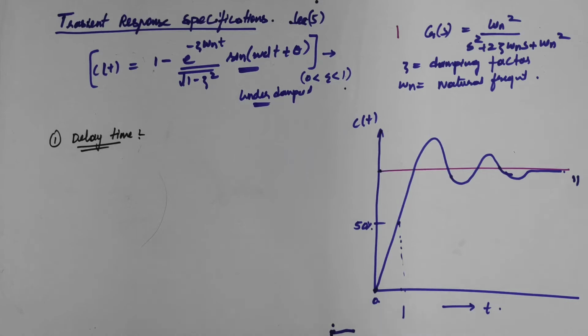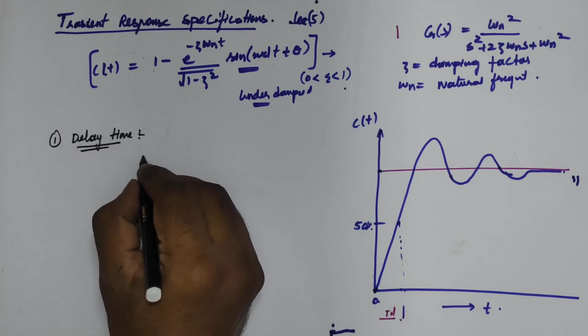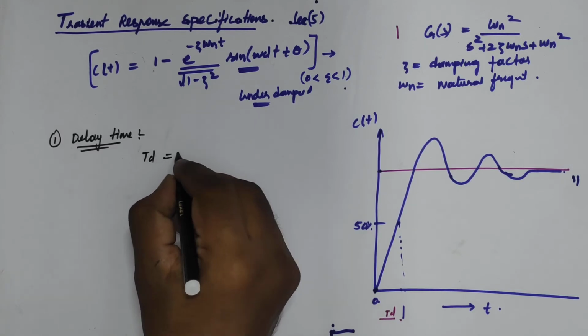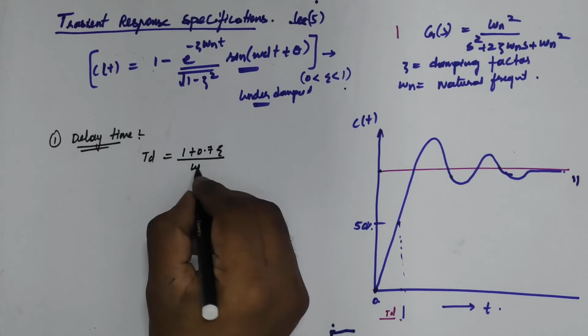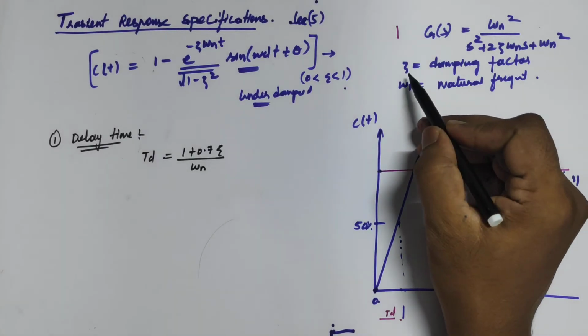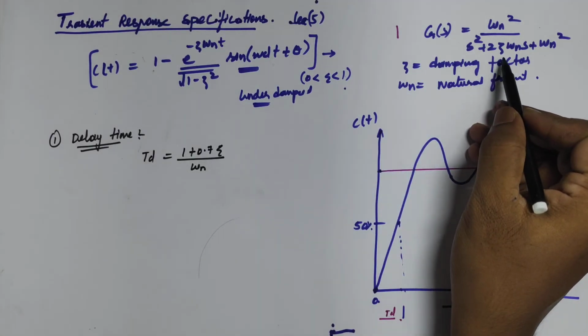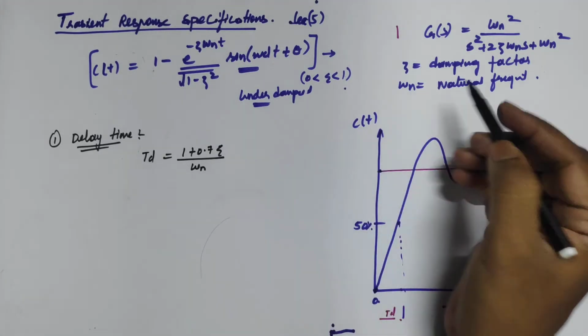It is called delay time, that is TD, and it is given by TD equal to 1 plus 0.5 zeta by omega n. Here zeta is the damping factor of the second order system, and omega n is the natural frequency.